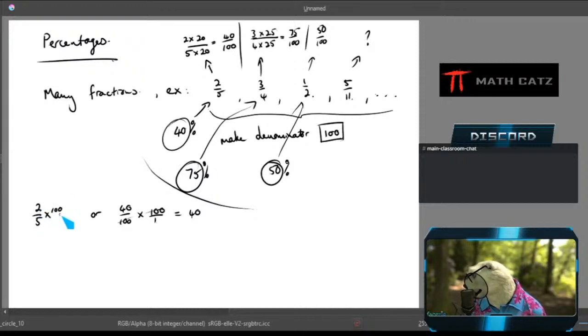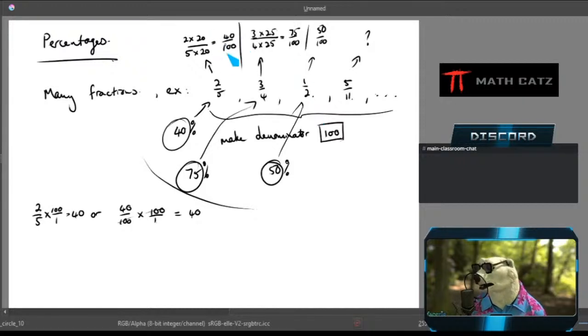And then I get 200 over 5, and that's also 40. So it doesn't matter which version. If I multiply by 100, out comes the percentage value. I can do that for 3/4 times 100, which is going to be 75. 1/2 times 100, obviously 50.